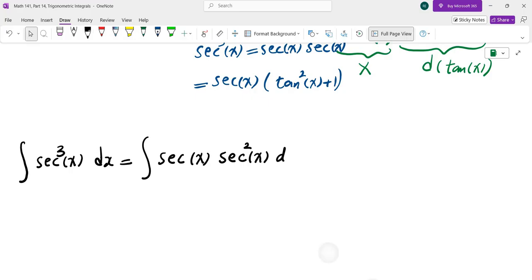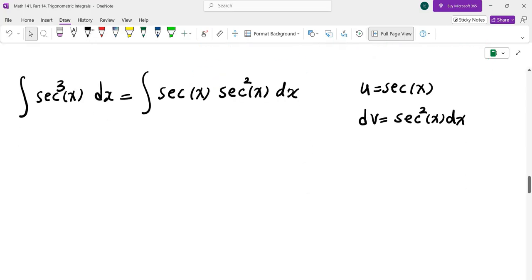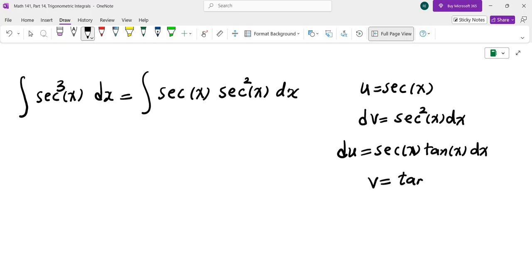Now we are going to take u equals secant of x, dv equals secant squared x dx. So then we have du equals secant tangent dx, and v equals integral of secant squared, which is tangent.